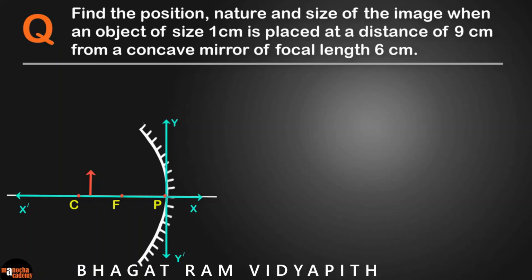Now let's write the data given to us. Object distance u equals 9 centimeters. We also need to consider the sign. What is the sign here? Since the object is on the negative x-axis, u is equal to minus 9 centimeters. Now what should we write as the focal length f of the concave mirror?